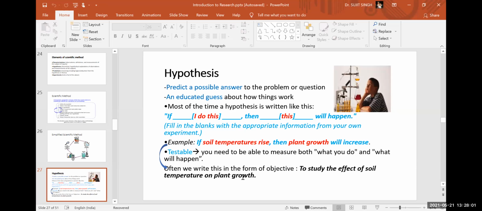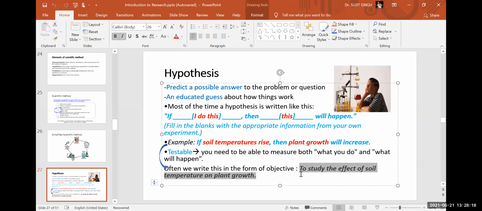To study, to investigate, to design. This kind of statement forms the objective you write.